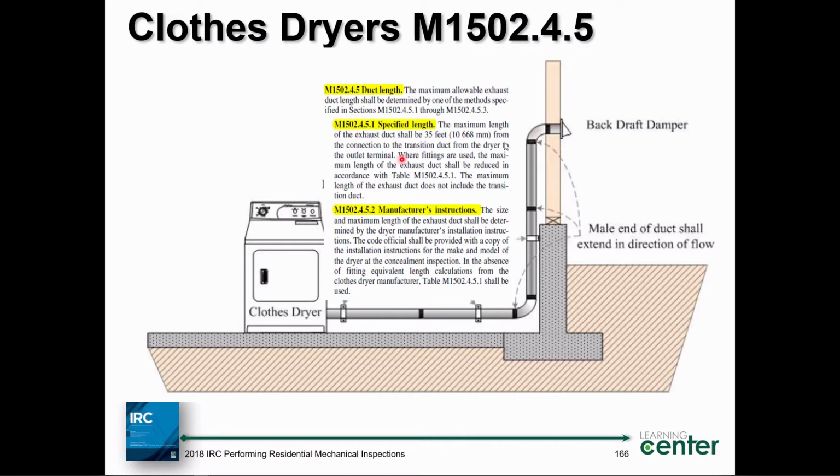But anyway, if you know the dryer's manufacturer, whose dryer is being installed in the residence, then you can go off of the installation instructions, because they will list the amount of fittings that you can use and the total length of the dryer exhaust duct to be used. In a lot of cases, you'll find that it's anywhere between 50, 60, 70. I've even seen 80 feet in length that you can run dryer exhaust duct. Okay.